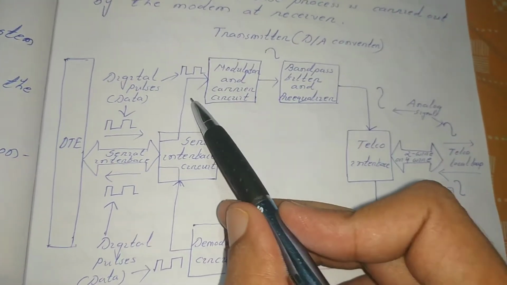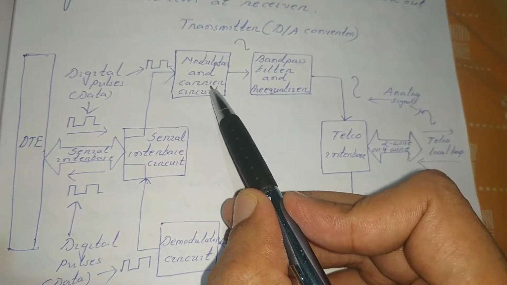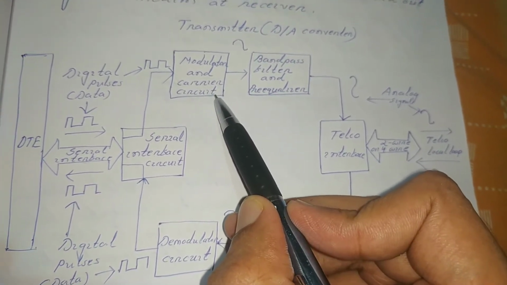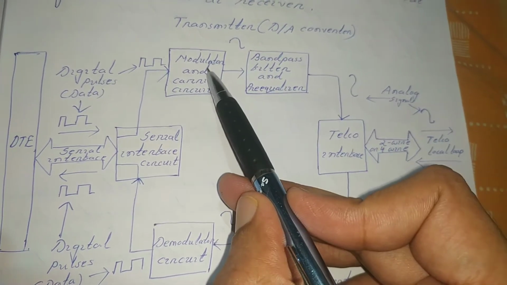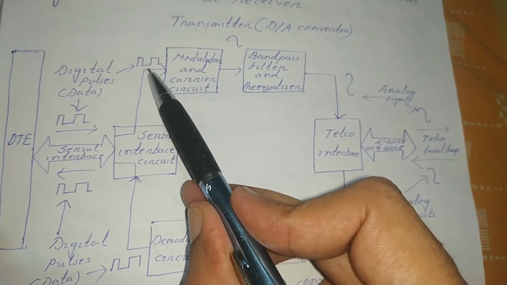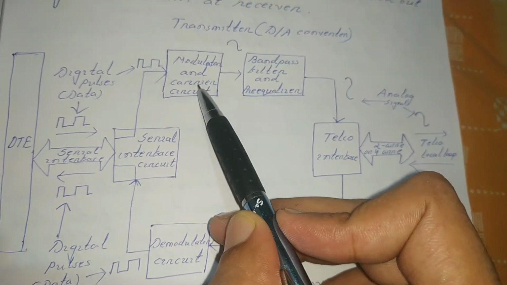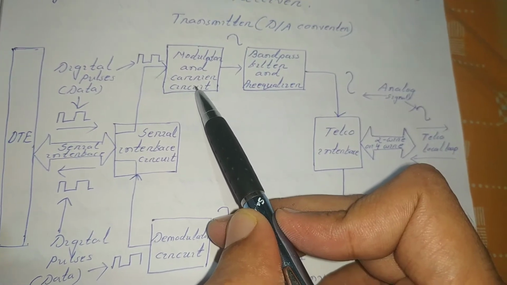Then the modified voltage level digital pulses are fed into the modulator and the carrier circuit. The modulator modulates the digital signal into an analog signal, and the carrier circuit generates the analog carrier.